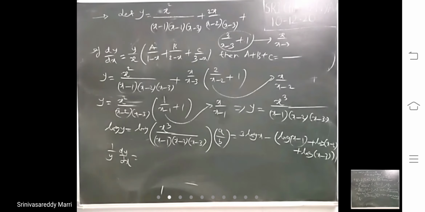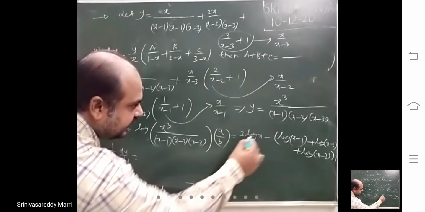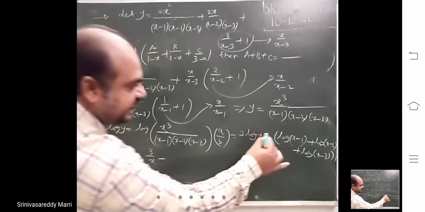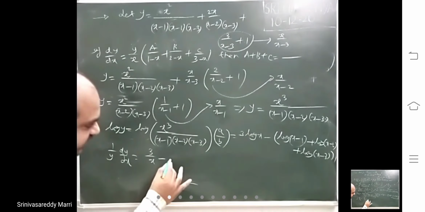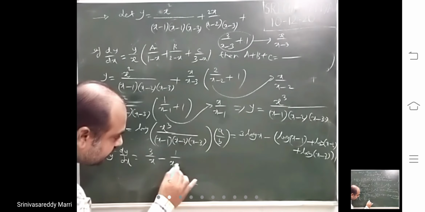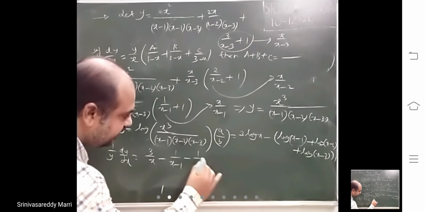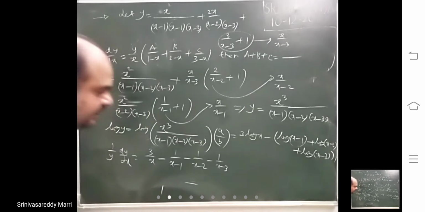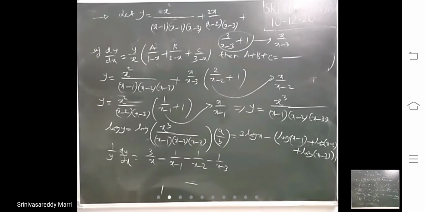1 by y into dy by dx equal to d by dx of log x, 3 by x, minus d by dx of log of x minus 1, 1 by x minus 1, minus 1 by x minus 2, minus 1 by x minus 3.